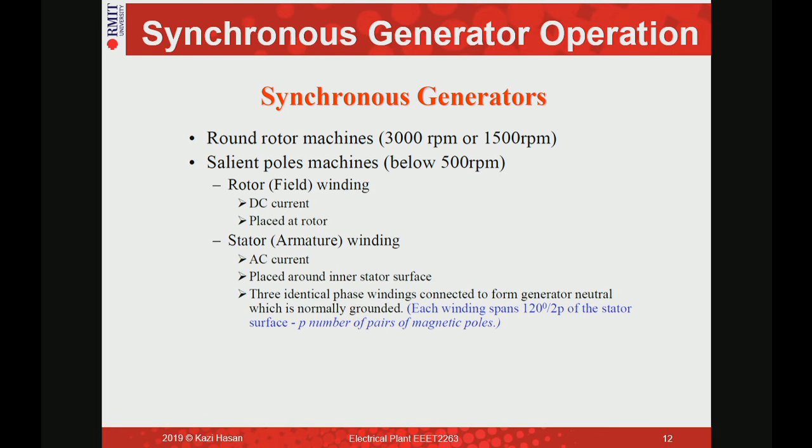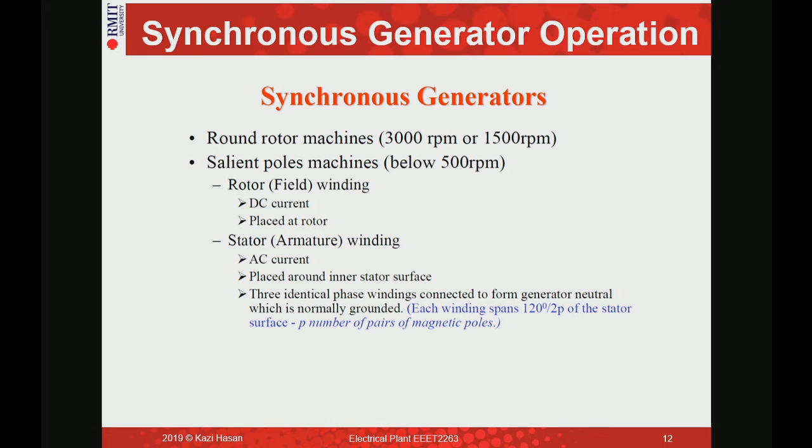The round rotor machines, their speed can be very high, 3000 RPM up to that. Salient pole machines are more practical, which is possible using the material and the structure.